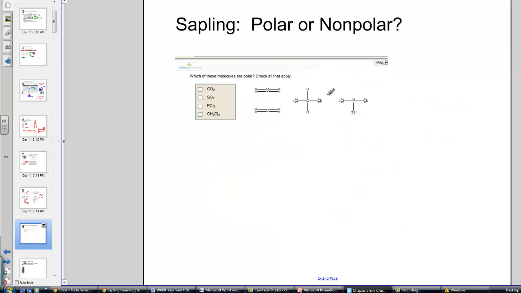So, is it polar or nonpolar? Let's take a look at these Lewis dot structures and decide whether these molecules are polar. I'm going to take the first one drawn, SO2, and draw it a little bit bigger. Notice on the central atom, there's a pair of electrons that are not bonded, and then I have oxygens in either direction.